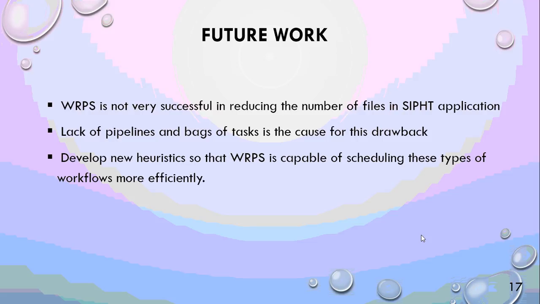This is one of the main drawbacks. So future work could include developing a new heuristic so that WRPS is capable of scheduling these types of workflows more efficiently than just being at the margin.